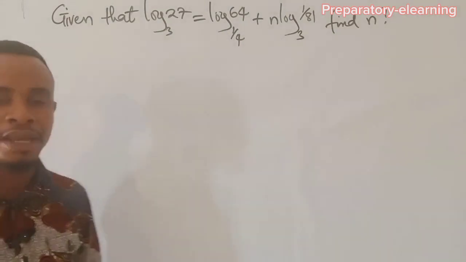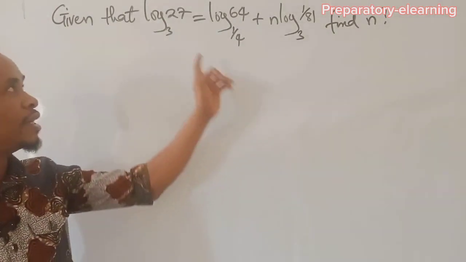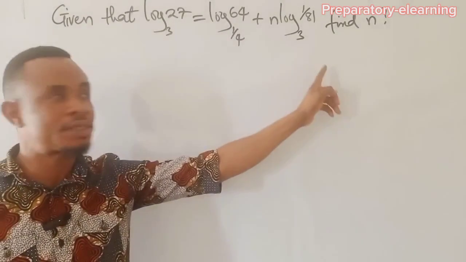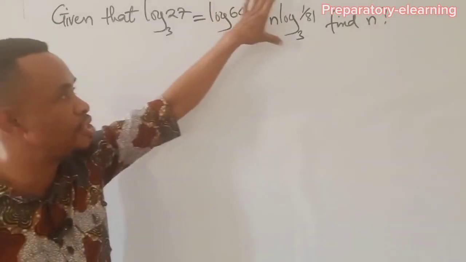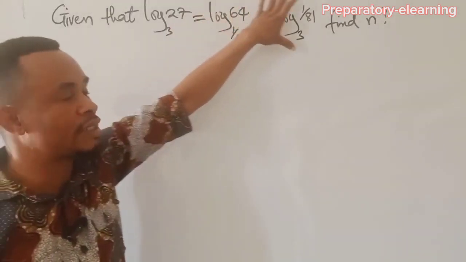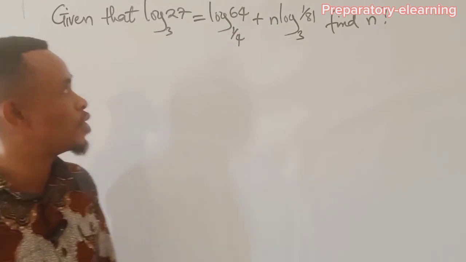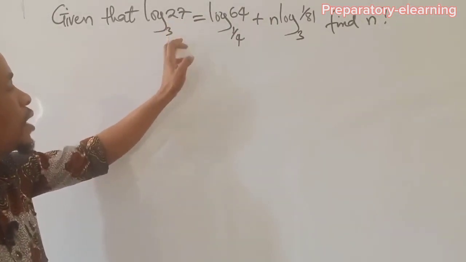So I had said in our previous lessons that anytime we have the bases as not being the same, we solve the logs individually. You solve them separately. Now let's see what we can do. For this one, log 27 base 3 is what?